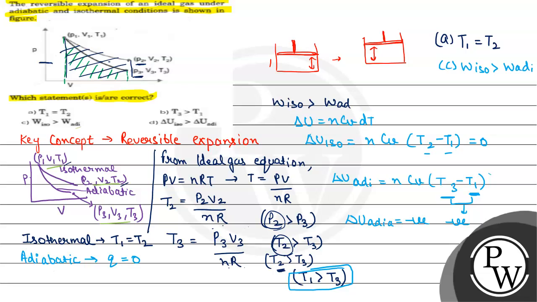So the relation in option D is also correct: delta U isothermal is greater than delta U adiabatic.